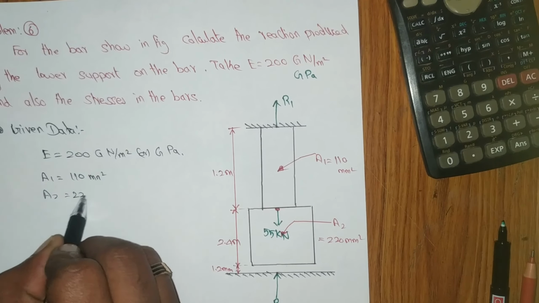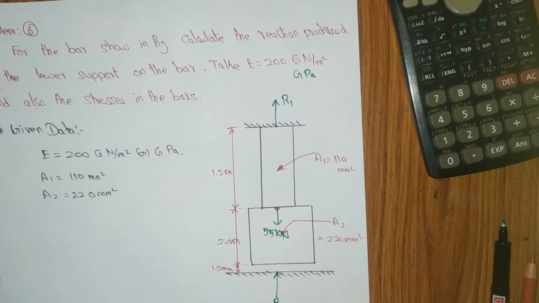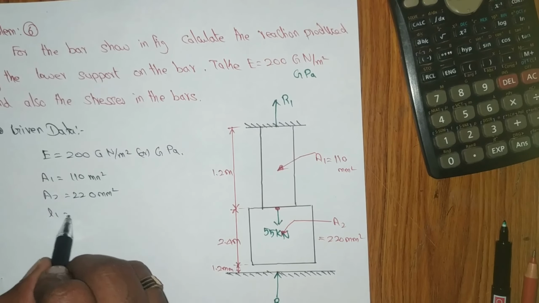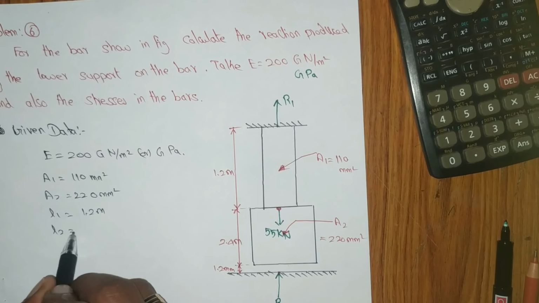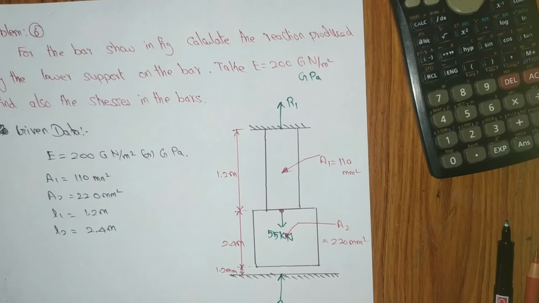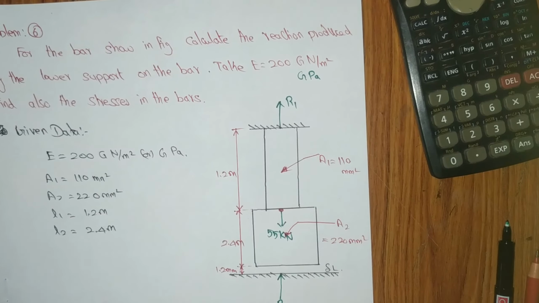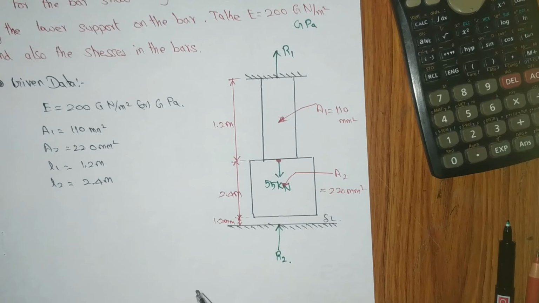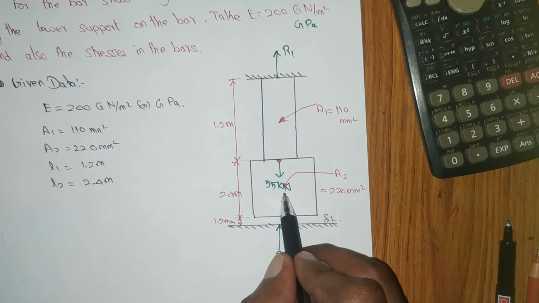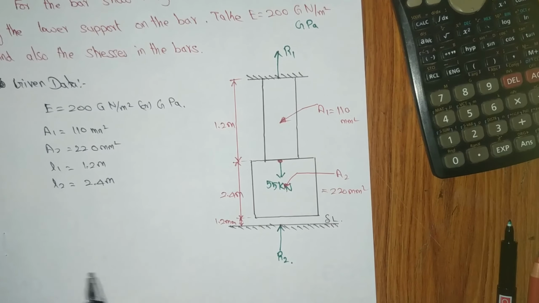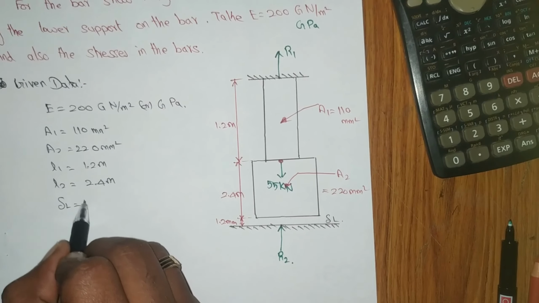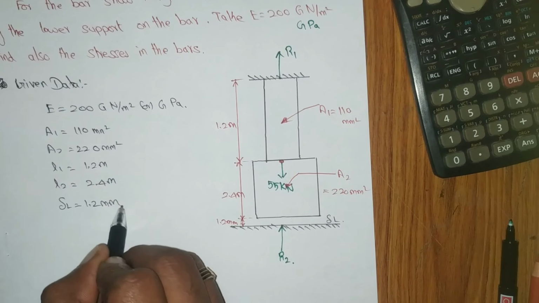A2 will be 220 mm square. L1, bar 1, is 1.2 meter, L2 will be 2.4 meter, and the overall deflection of the entire bar due to this 55 kilonewton load, delta L, will be 1.2 mm.